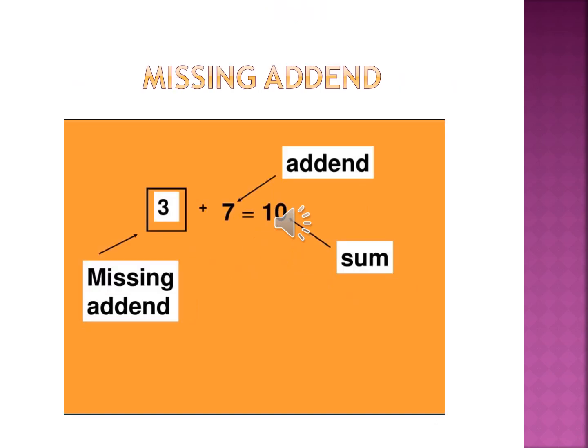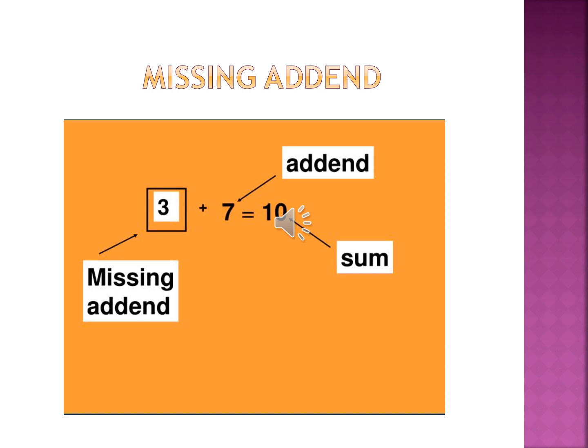Let's take up another example where one of the addends is missing. So blank plus 7 is equal to 10. These are very small numbers that we are taking, and you can think of a number which when added to 7 gives you 10, and the number is 3. 3 plus 7 is equal to 10.